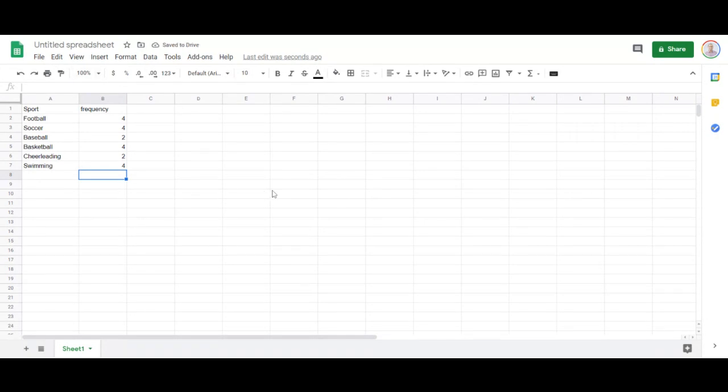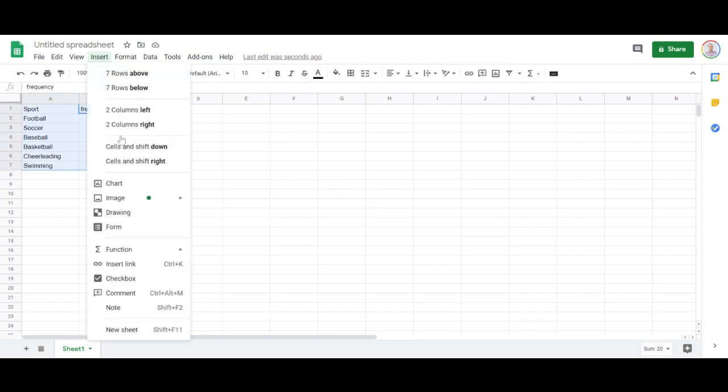All right. So now to actually make the charts, make a bar graph, for instance. Remember, you want to highlight the data. Go to Insert, where it says Chart.